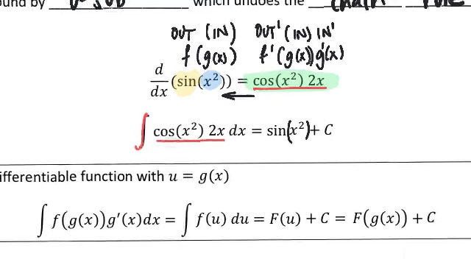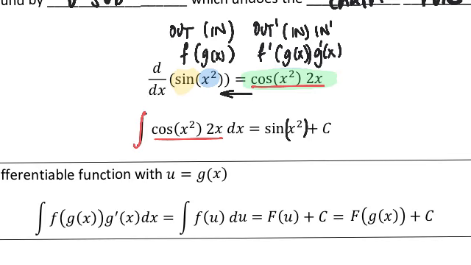This red integral here is the kind of thing that we are going to use a U substitution for. Here, I differentiated first, and then I undifferentiated, or took an integral. So you clearly saw that the integral of cosine x squared times 2x is equal to sine of x squared, right?